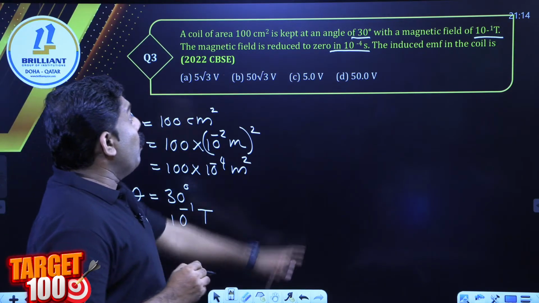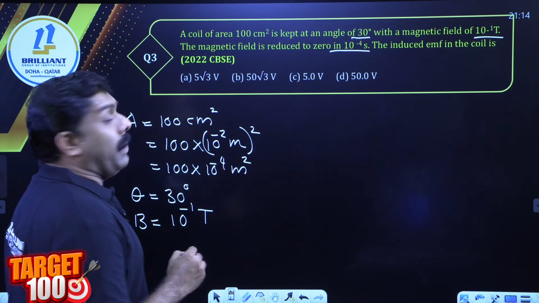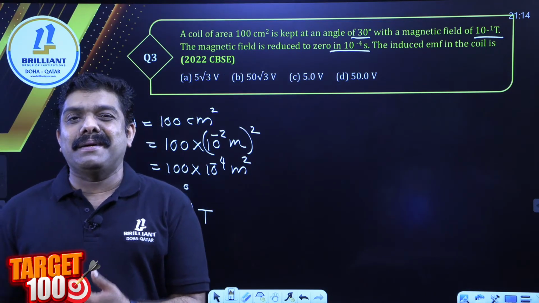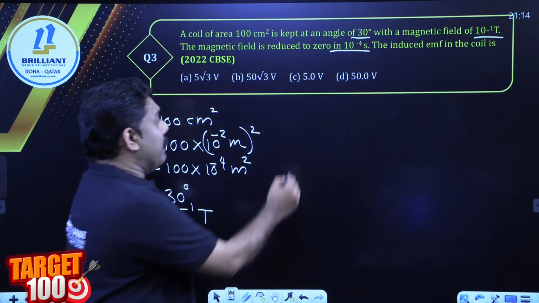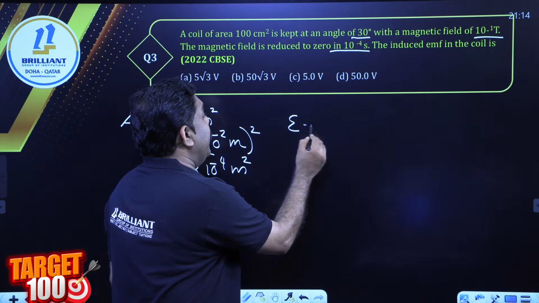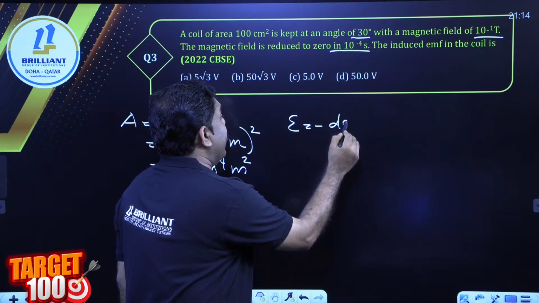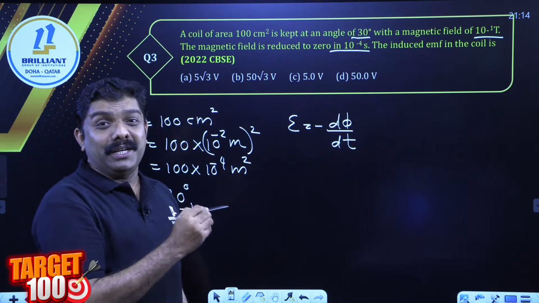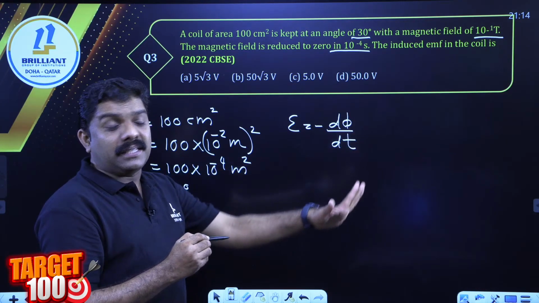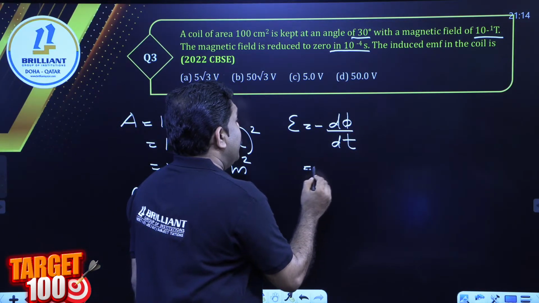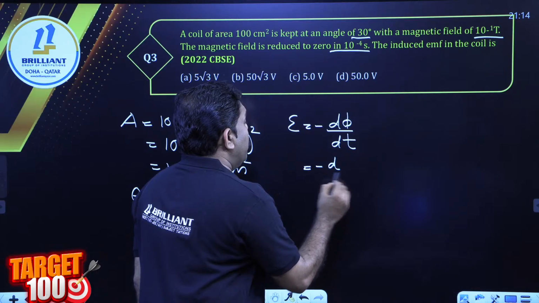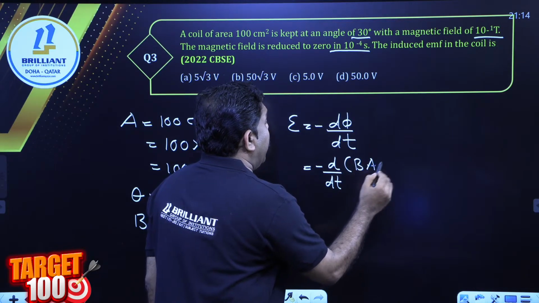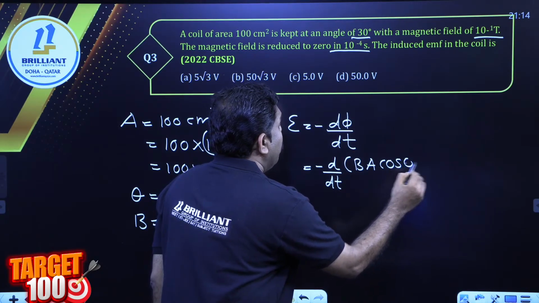They're asking for the induced EMF in the coil. What is the equation for induced EMF? E equals minus d phi by dt, where phi is flux. So I can write minus d by dt of BA cos theta.